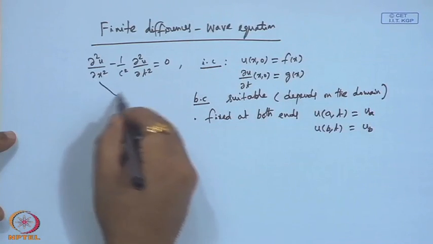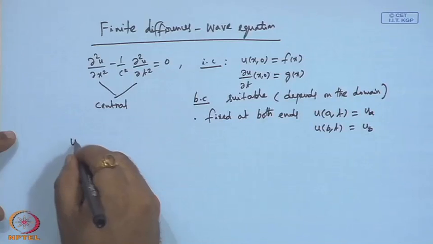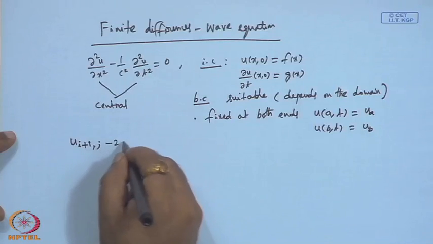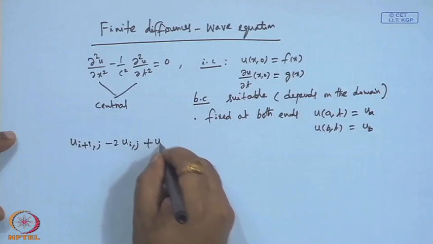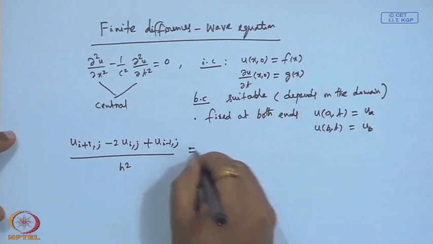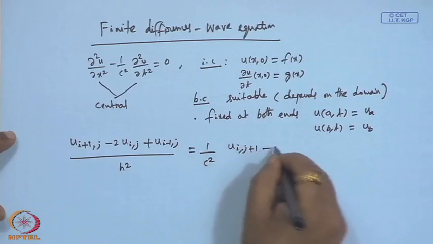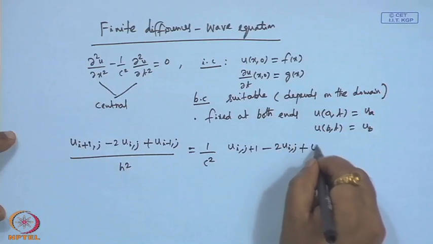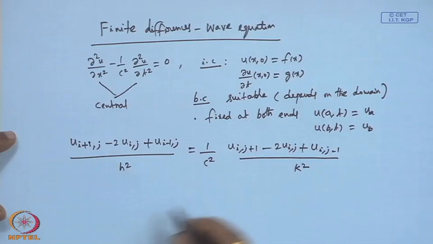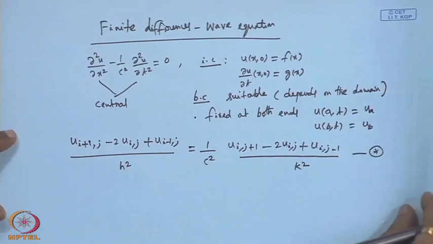So, go for central differences. Then we arrive at the scheme. Now this we can simplify.